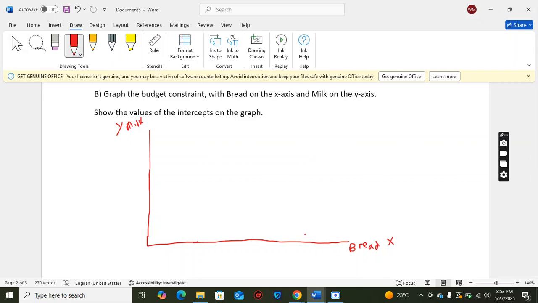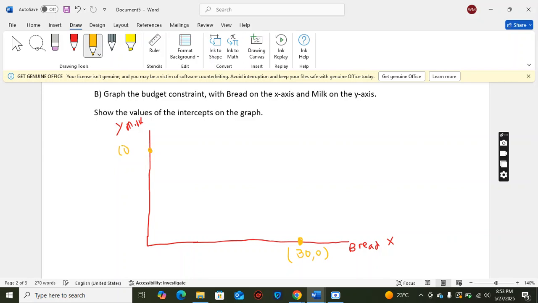Our x-intercept: if she's only buying bread, how many units of bread can she buy? We said it was 30. Remember that point which I wrote, 30, comma 0? This is where you put it here. Then for milk, if she's only buying milk, she can only buy 20 units of milk.